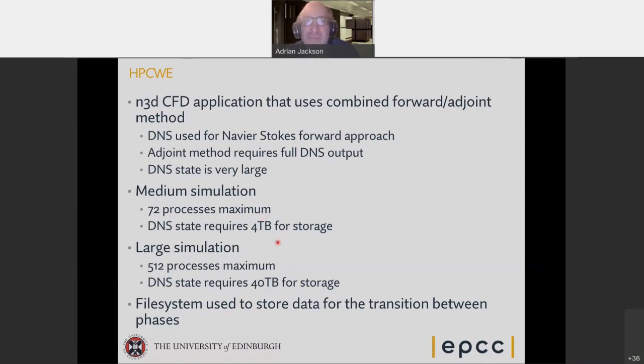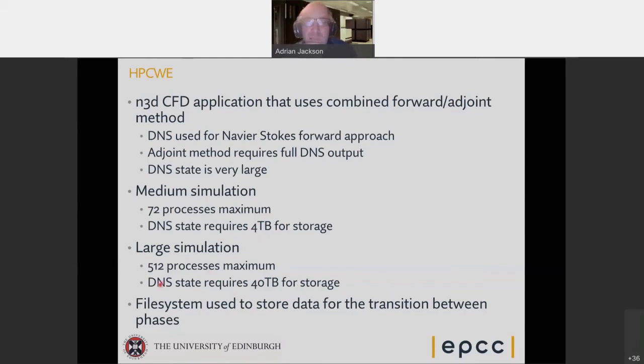But the actual intermediate data you need to store to go between the forward and adjoint steps is 4 terabytes. So that's quite a large amount of data to write out on the forward step and then read back in on the adjoint step.